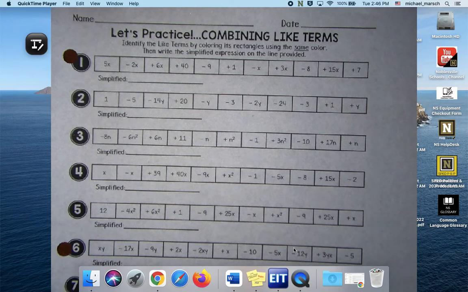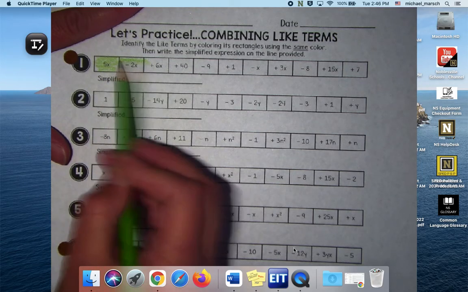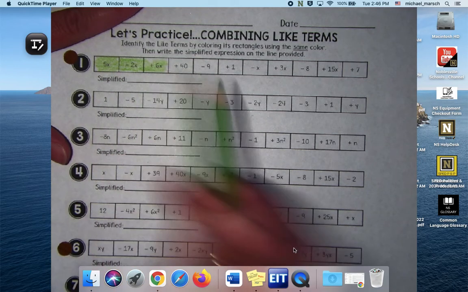And what's the other thing we have? Constants. All right, so what we're going to do is color our terms that have an X green. This is light green for those of you that want to color the same as me.